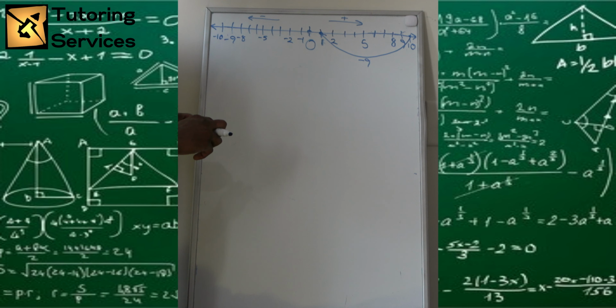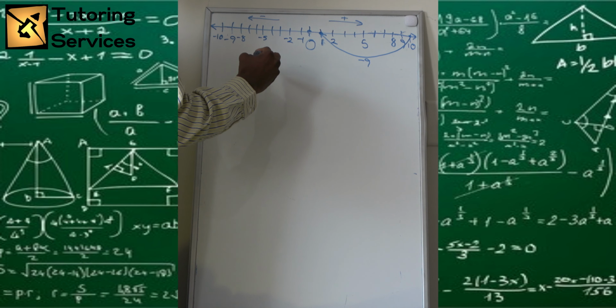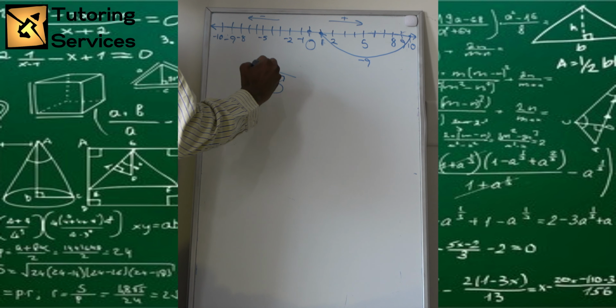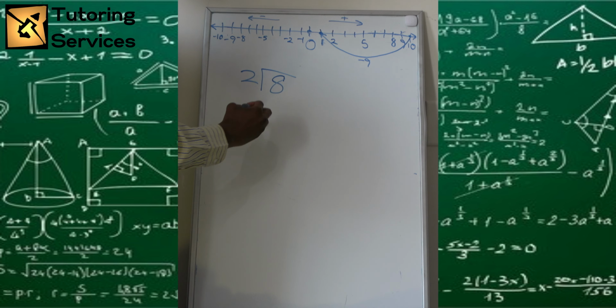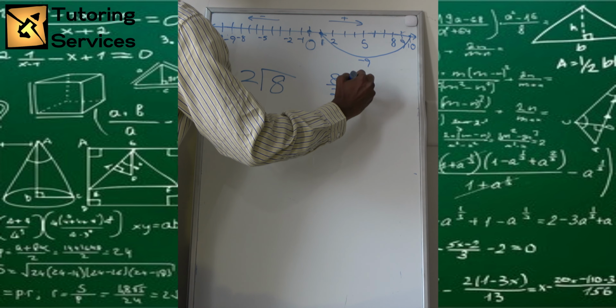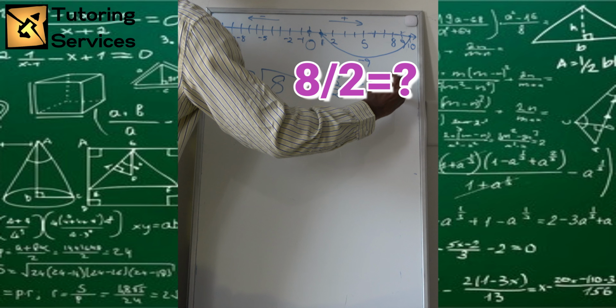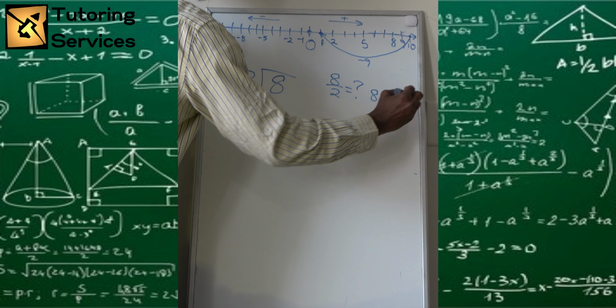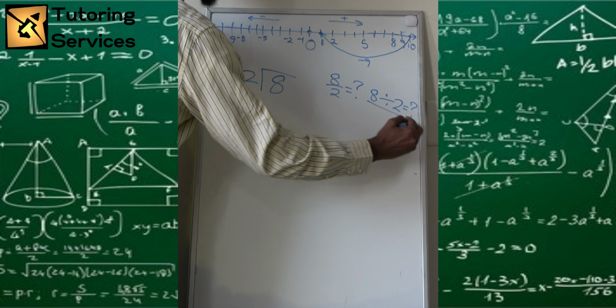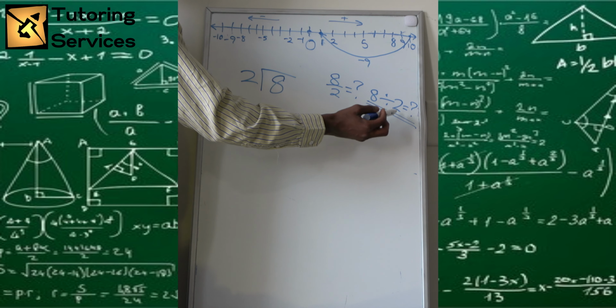So let's say we have 8 divided by 2. What does it equal? This can also be written as 8 divided by 2 equals. Now, in school, on the arithmetic level, you're probably going to see it most of the time in this form.